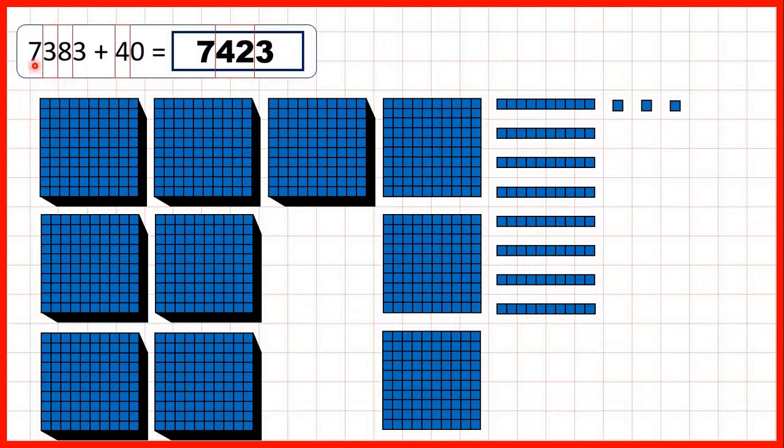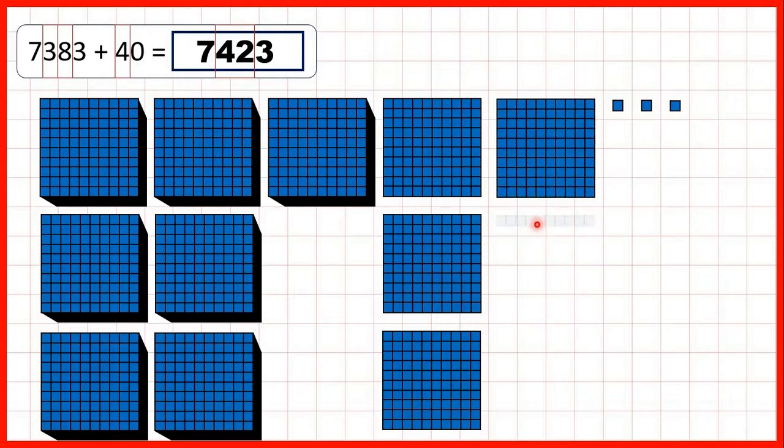For our next question, we started with 7,383. We were adding 40, so that's 4 tens. We can add 1, 2 tens, then exchange, then add 3, 4 tens, so that's why in our answer we get 4 hundreds, because we've made this 100 here by exchanging, and we now have 2 tens.